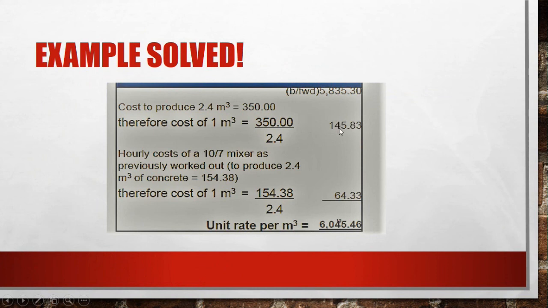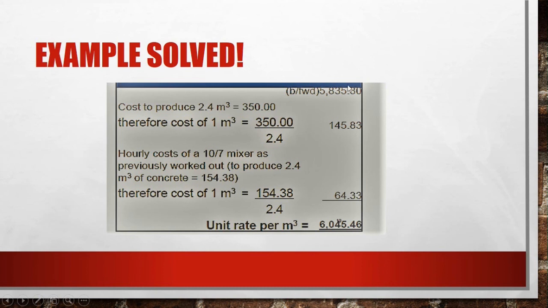Same case to this is 145.83, which is the cost to produce 1 meter cube by the labor. So they are being paid 145.83 per meter cube, and the concrete mixer being paid 64.33. So it's more economical as compared to the labor.